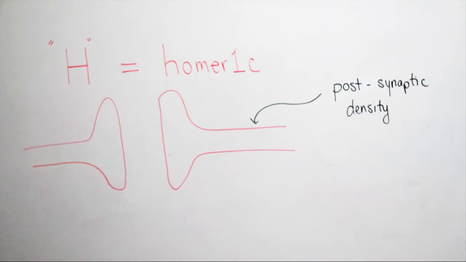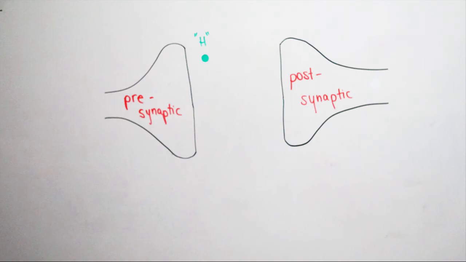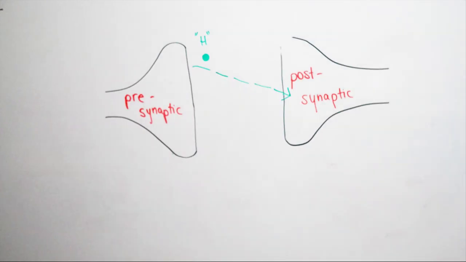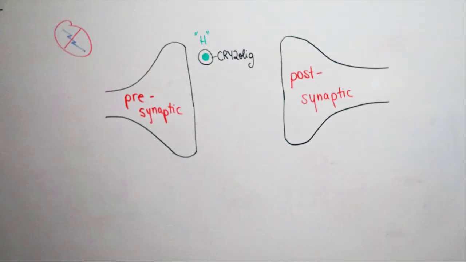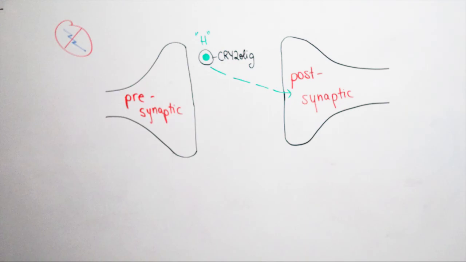To test this, the team studied a protein we will call H in the postsynaptic density of neuronal synapses, or the space between neurons. Keep in mind that normally H would be exchanged from the presynaptic to postsynaptic density. Tucker observed a few things. First, that if Cry2-olig was linked to H and blue light was not shown, then exchange occurred normally.